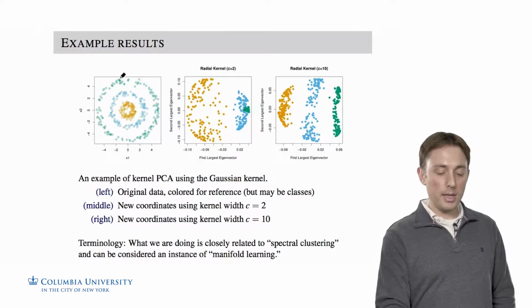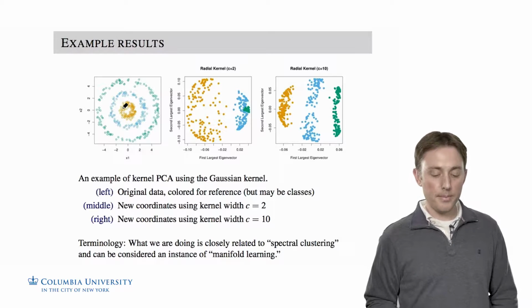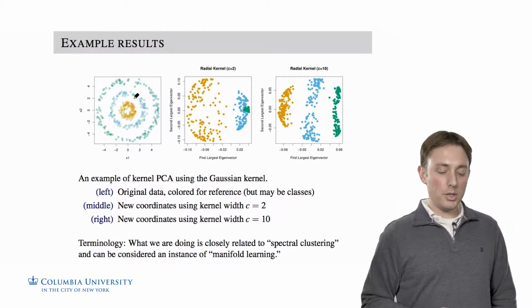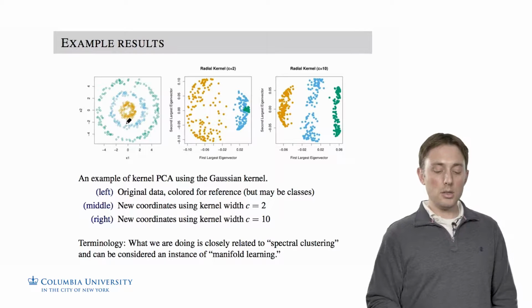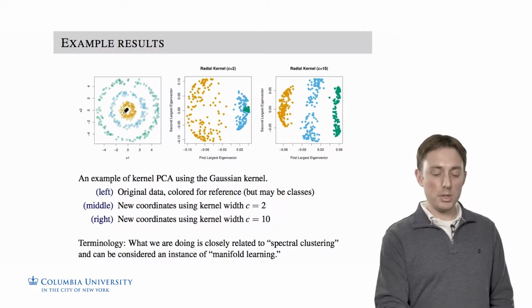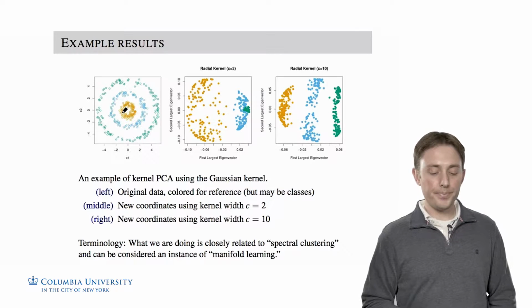Here we have a data set in 2 dimensions, and the 3 rings are color-coded just for visualization purposes. Now, if we wanted to project these 2 dimensions into 2 dimensions using PCA, there would be no projection. We would simply have every data point equal to itself, essentially.